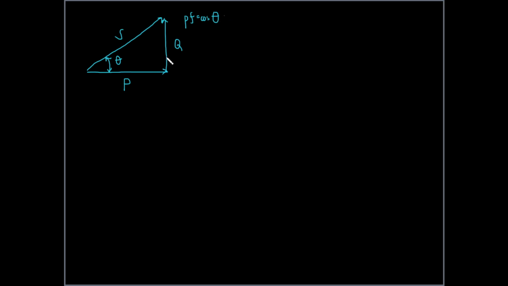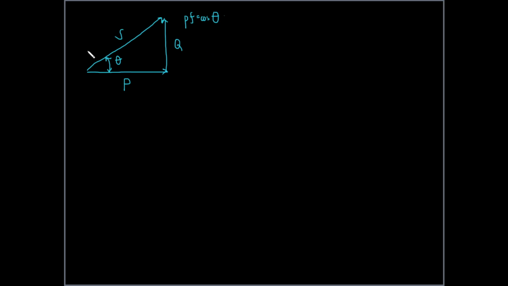And we've talked about this during our lecture that there is always a need for us to improve the power factor. The highest value of power factor you can get is 1, and since this is a cosine function, a value of 1 can only be attained if the angle here is 0, right?